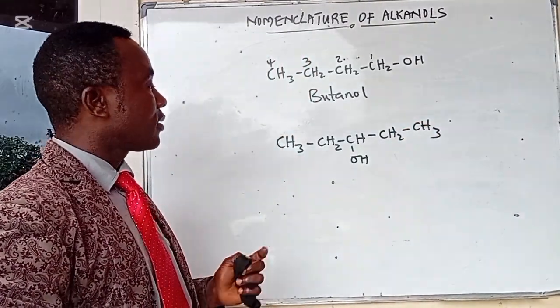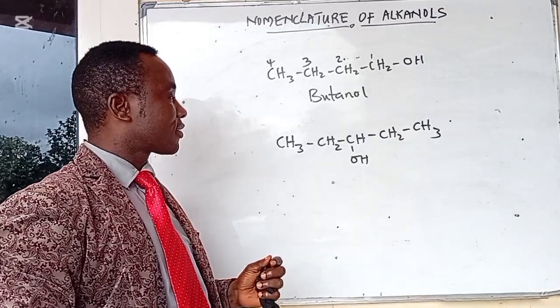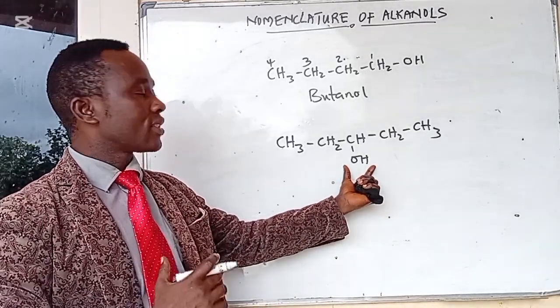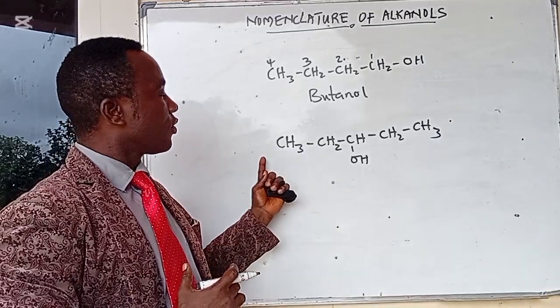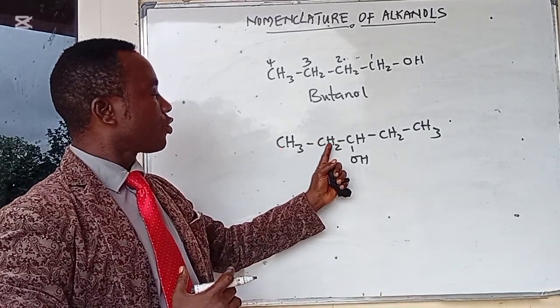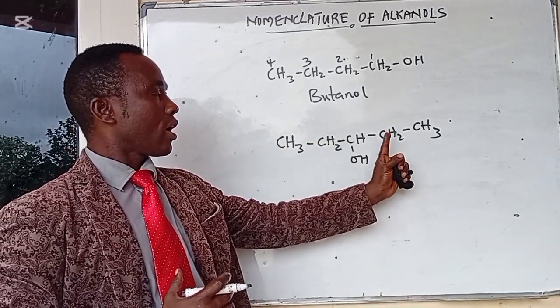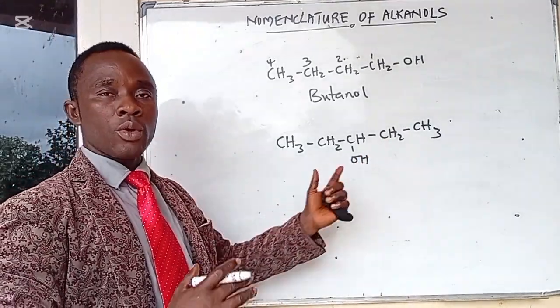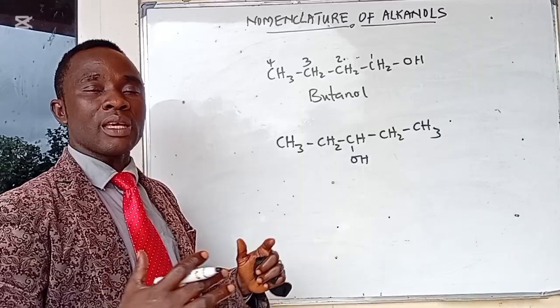you have to number the carbon atom that will give the hydroxyl group, the OH group, the least possible number. If we number from here 1, 2, 3, or number from here 1, 2, 3, the OH group will be at the third carbon from either side.